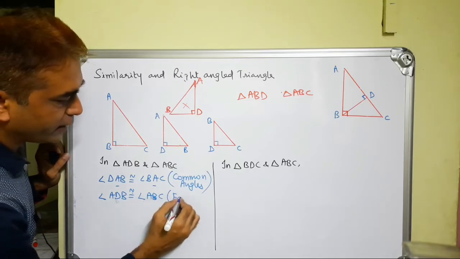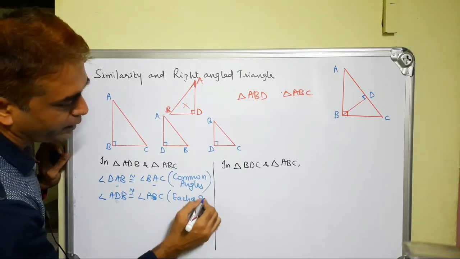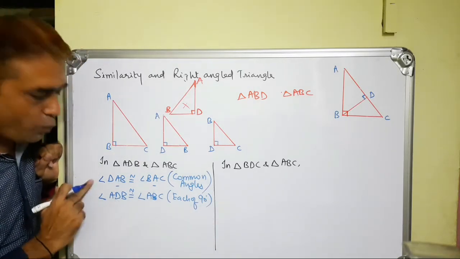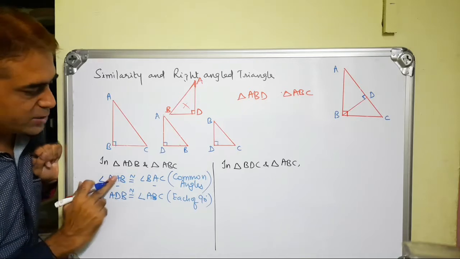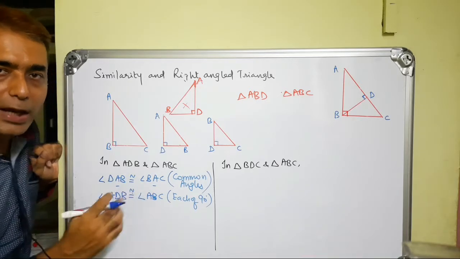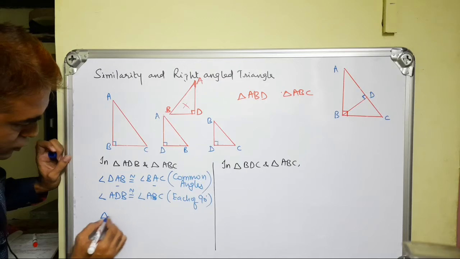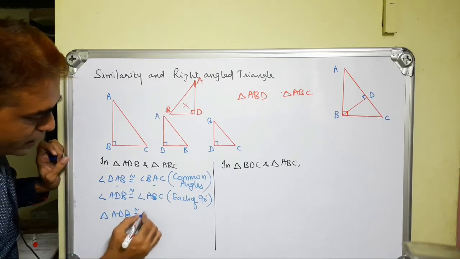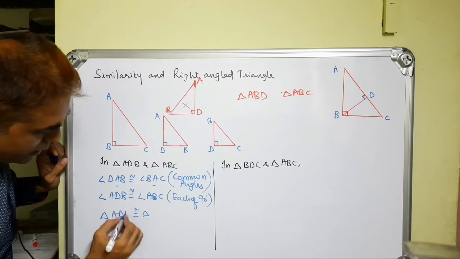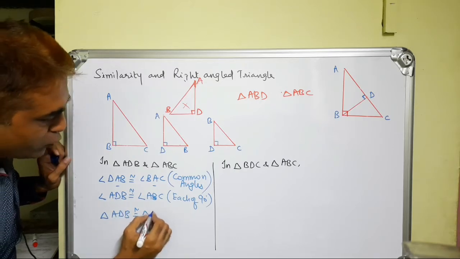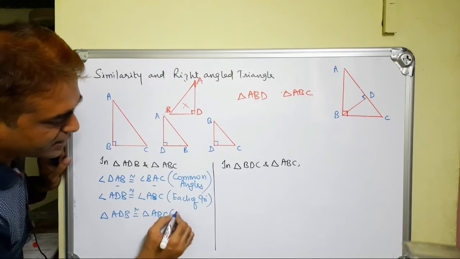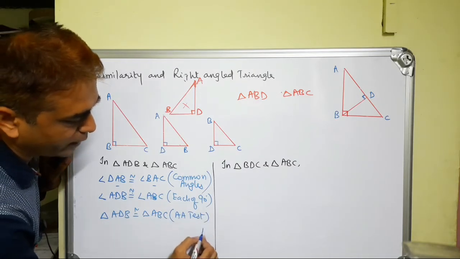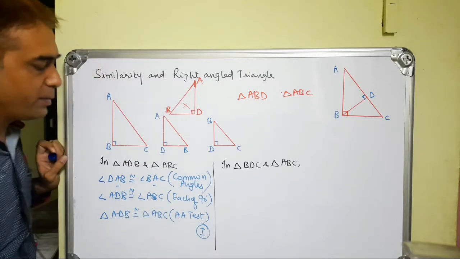Each of 90 degrees. Each one is a right angle. Now we have written two pairs of congruent angles. So these two triangles are similar by the AA test of similarity. So triangle ADB is similar to triangle ABC by which test? AA test of similarity. This is point number 1.